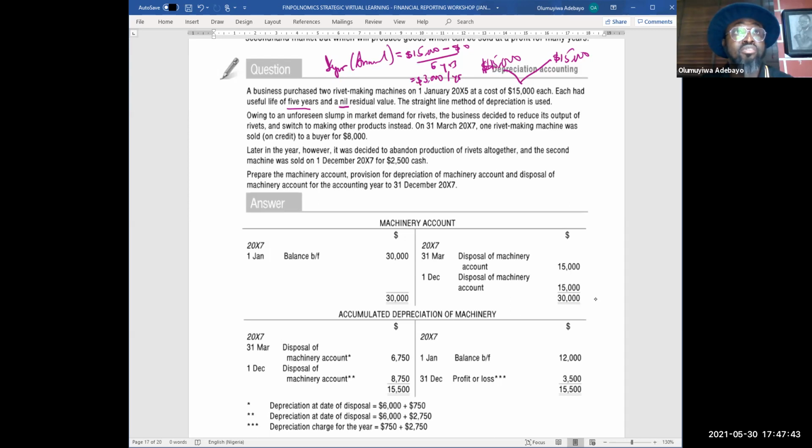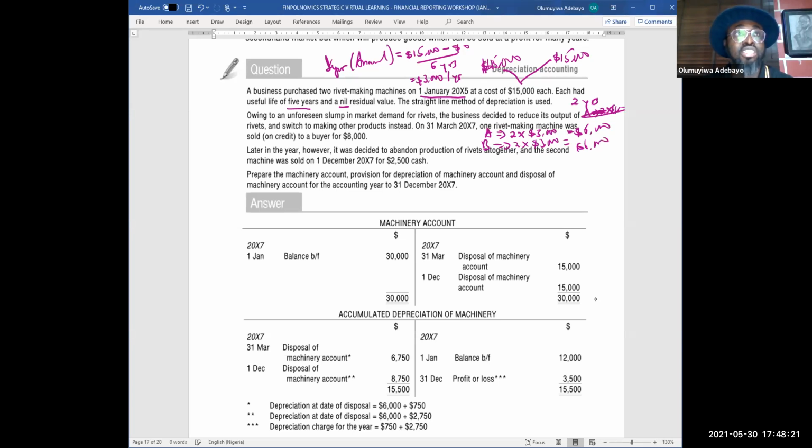Now, between 1st of January 20x5 and 31st of December 20x6, 2 years have been used, which means machine A has consumed 2 times 3,000, which is 6,000. Likewise, machine B has also consumed 2 years of 3,000 per year, 6,000.